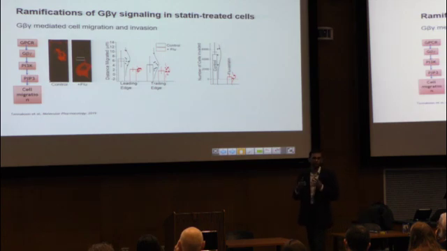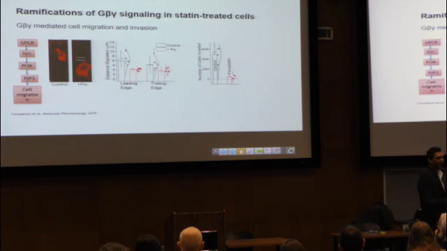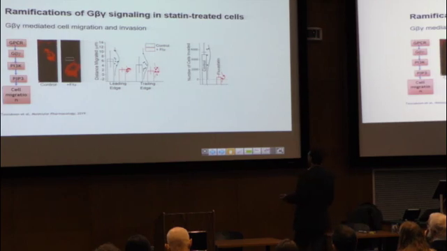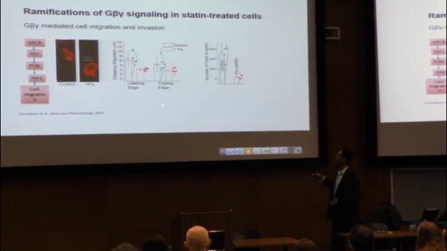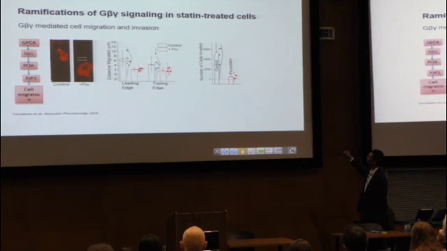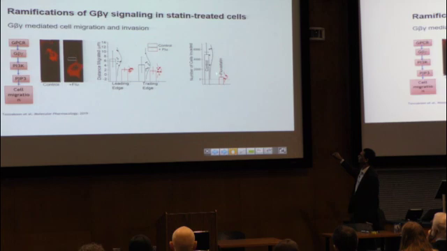Invasion is one of the primary processes associated with cancer metastasis. So cancer cells move from one place to another and then invade other organs. So we examined that after treating cells with statins, and you can see cell invasion. So here you have about 5,000 cells invaded. Here it is less than 1,000, about 700 cells invaded.